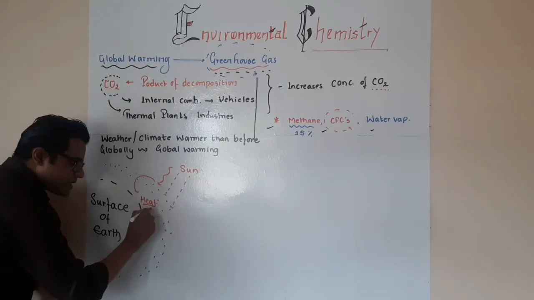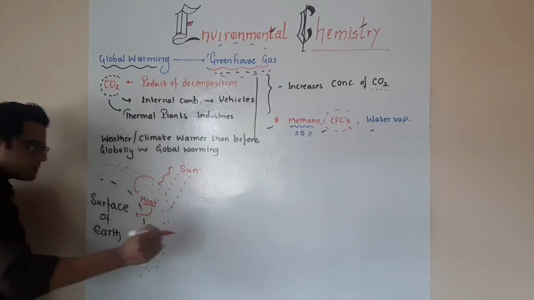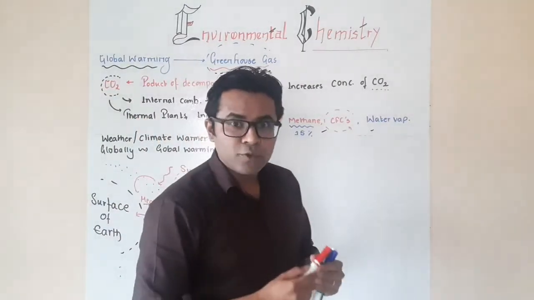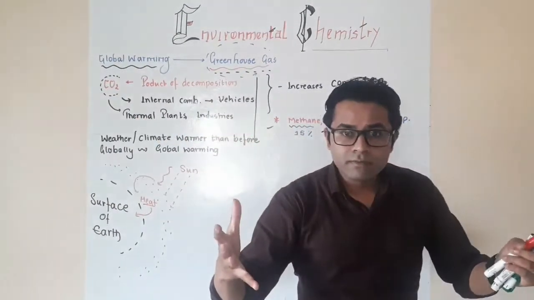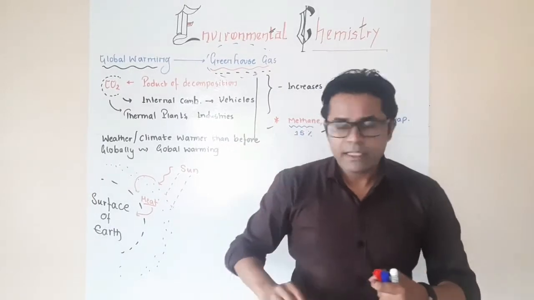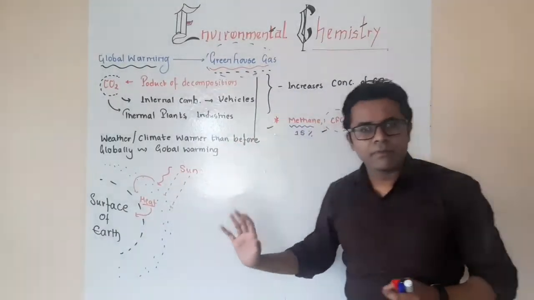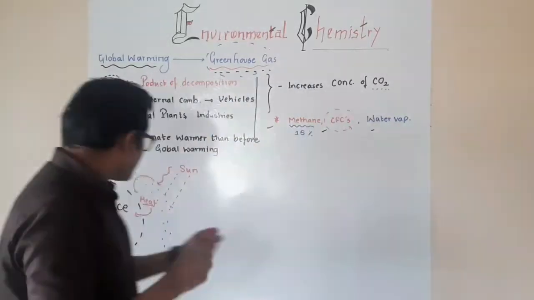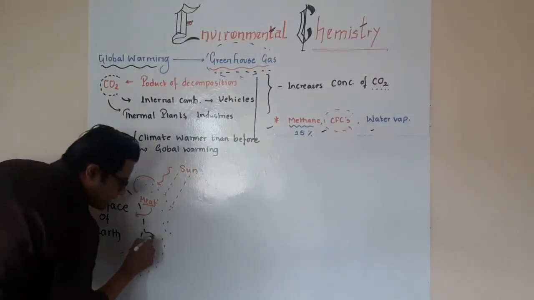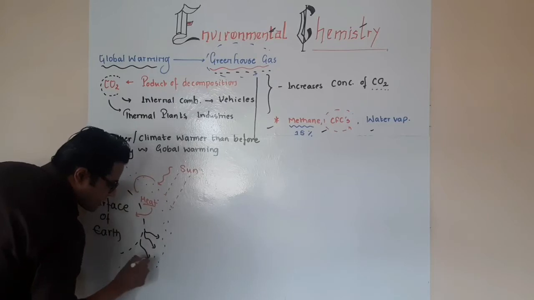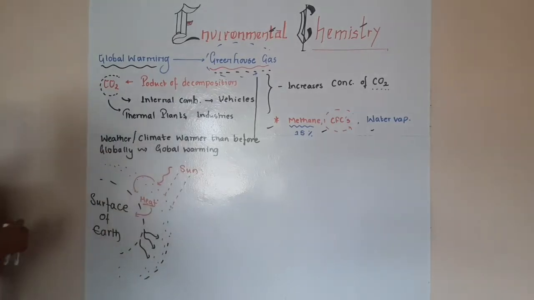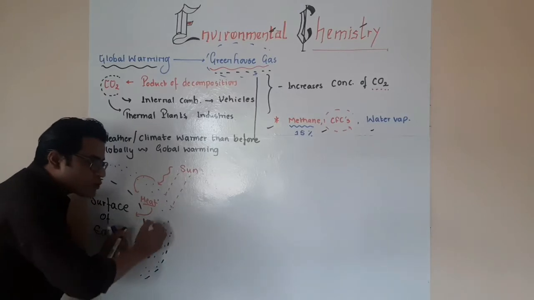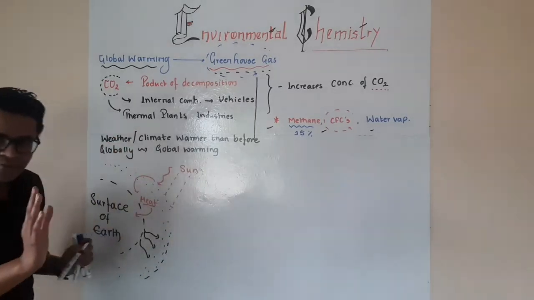This heat energy is absorbed by the earth. Now, what is the conclusion? The surface of earth gets heated up, right? As it gets heated up, it starts radiating the energy back. Now, as the energy is radiated back, this cover of gases will not allow this heat to go into the outer space.